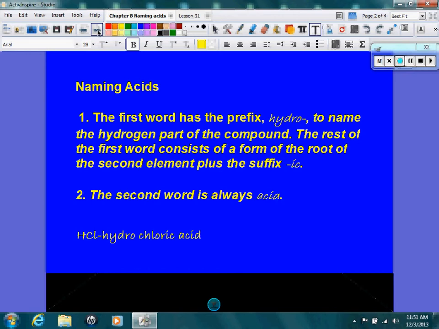So we have HCl, which is an acid when dissolved in water. Hydro is the hydrogen part, and then chlorine: the root word chlor, then the suffix ic, and then the word acid. Hydrochloric acid.